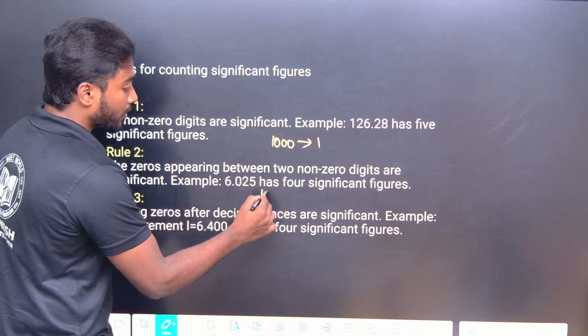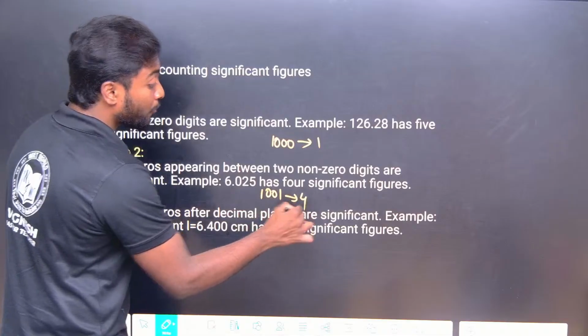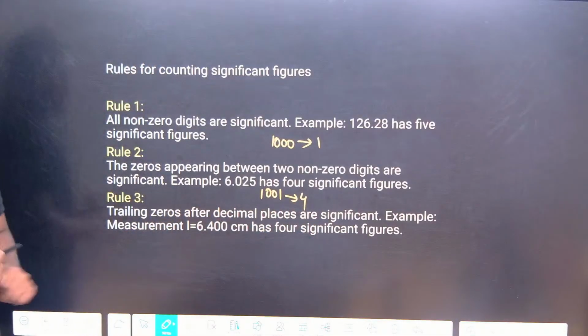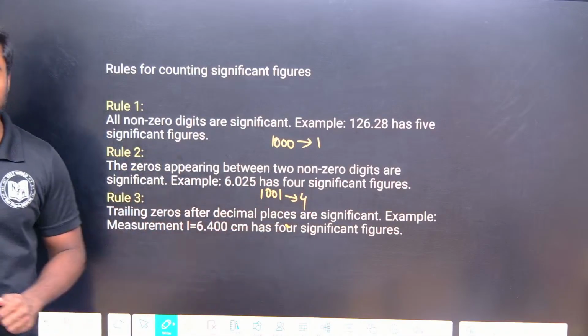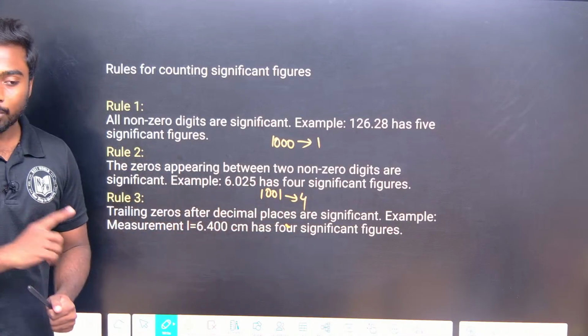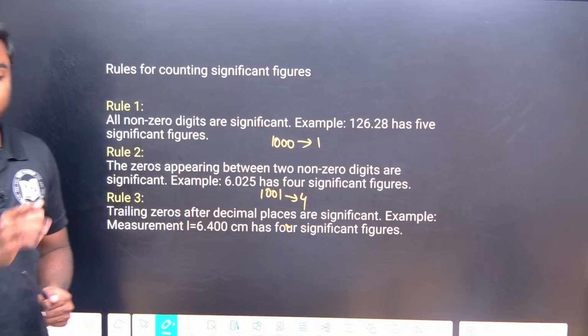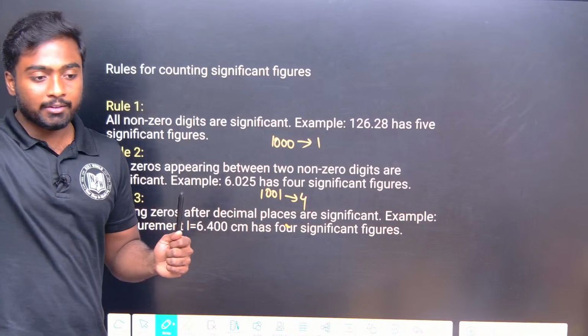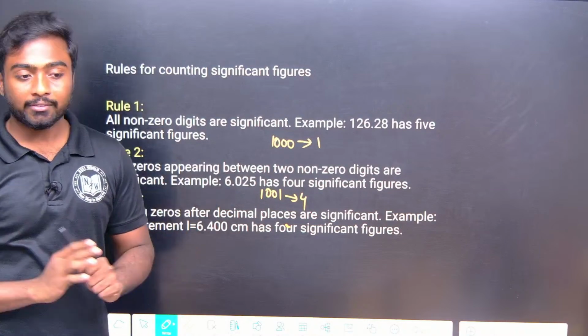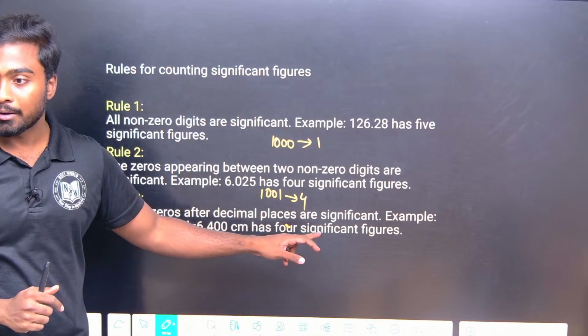When I take 1001, it has 4 significant figures. Rule number 3: trailing zeros after the decimal are significant. What they told is trailing zeros, the last zeros appearing after some numbers after the decimal, those are significant, only for decimals.